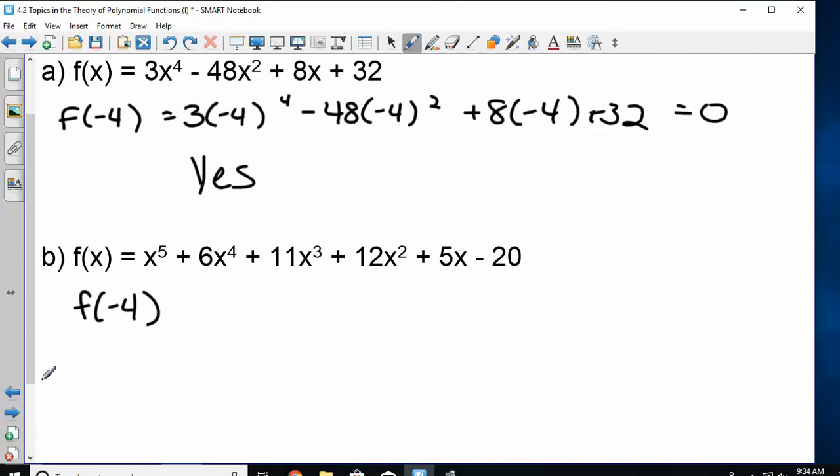Negative 40. So what does that mean? Not a factor.